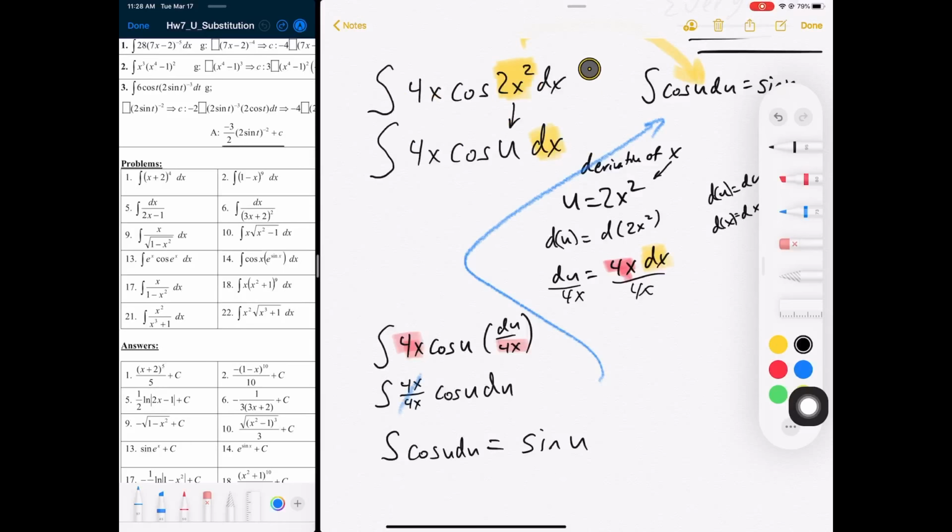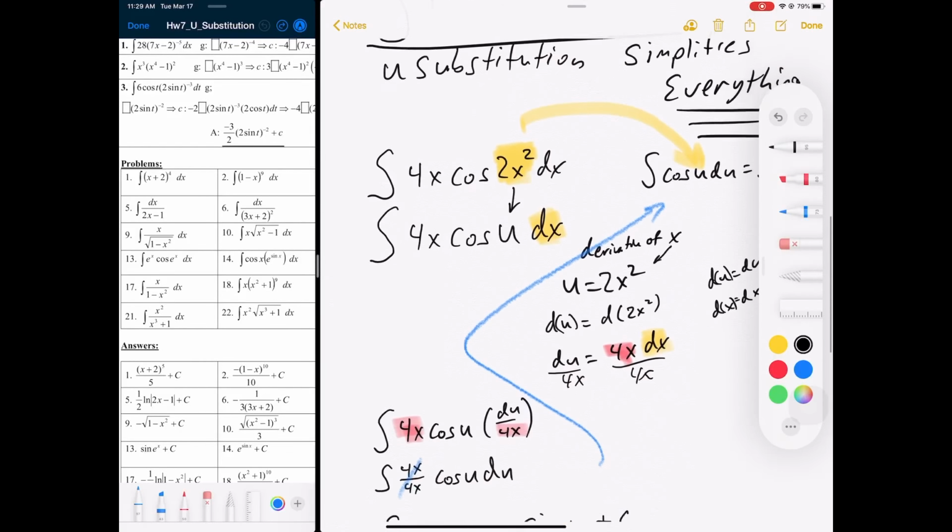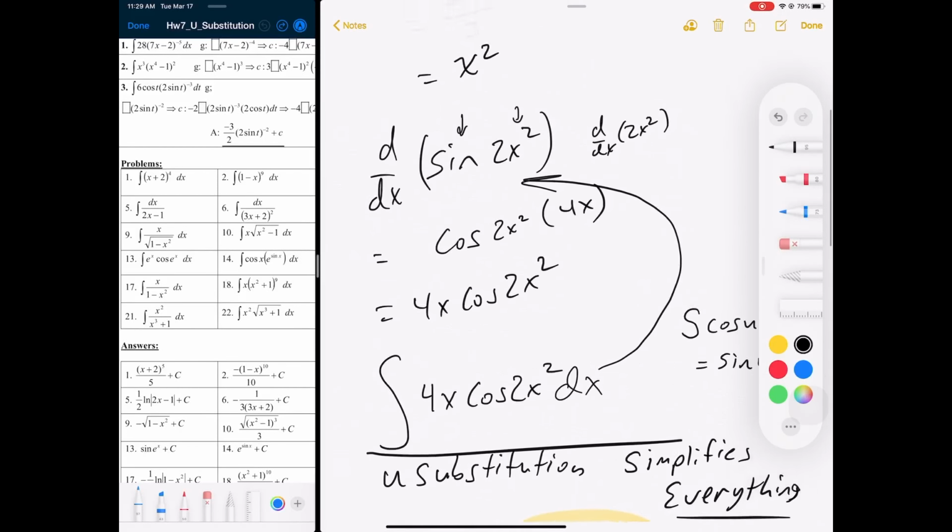Didn't we start off over here with 2x squared? Well, that's our u. Let's go ahead and plug that u back in. So equals sine, oh sorry, I need a plus c here. Sine of 2x squared plus c, which is back to our original problem, how we started way up here.